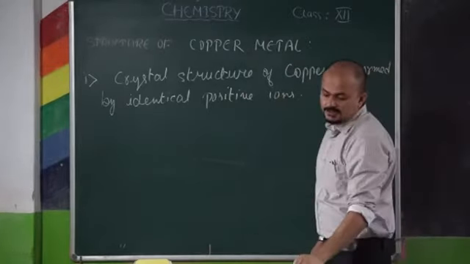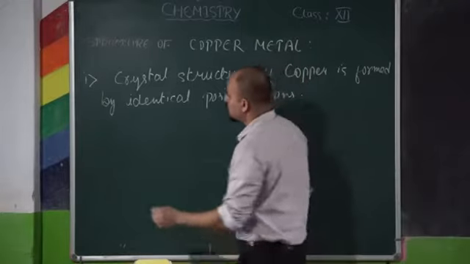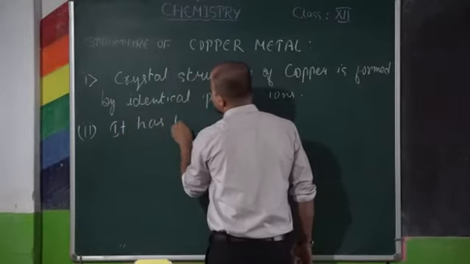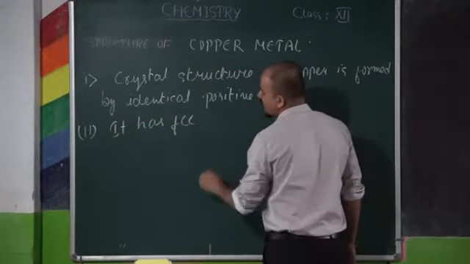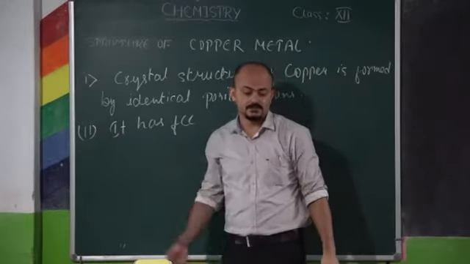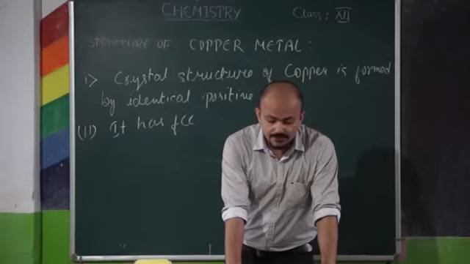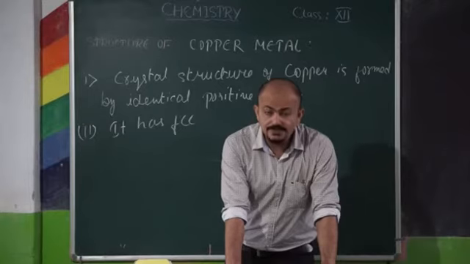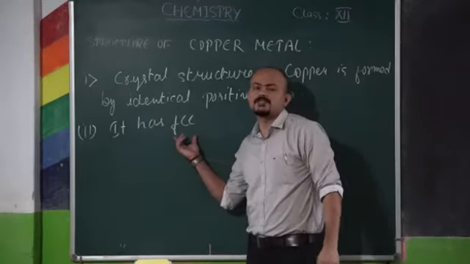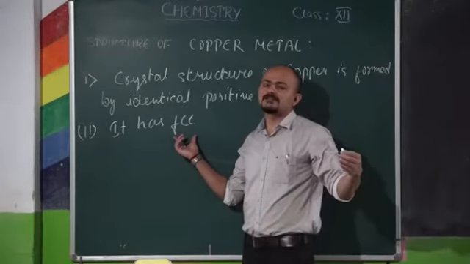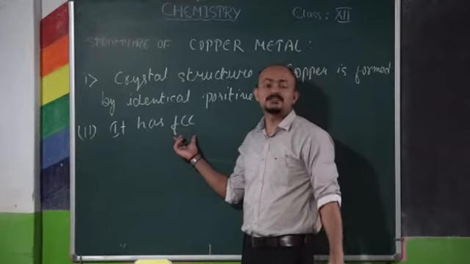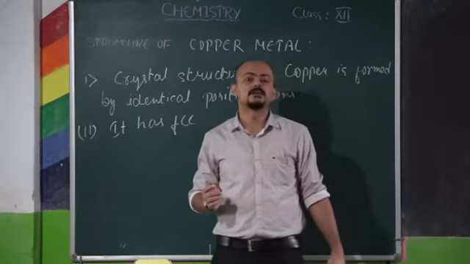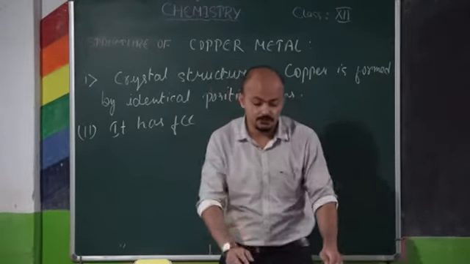And the number 2 point that you have to remember is it has FCC structure. FCC close packing, face centered cubic close packing. And the number 3 point is that in this crystal system, the metal ions occupy the corners of the cube and the center of its faces. That you can know from FCC. In FCC, these metal ions are present at the 8 corners and also at the center of 6 faces of the cube.